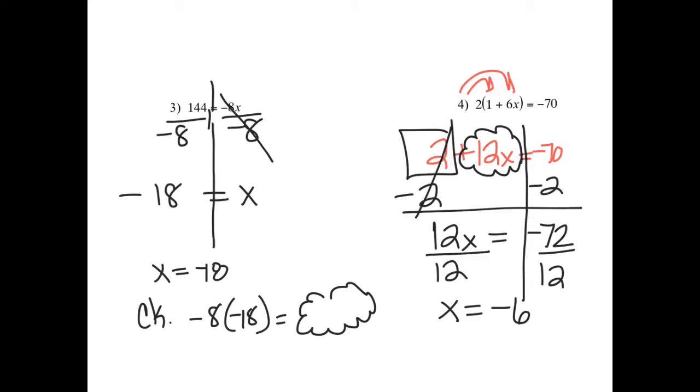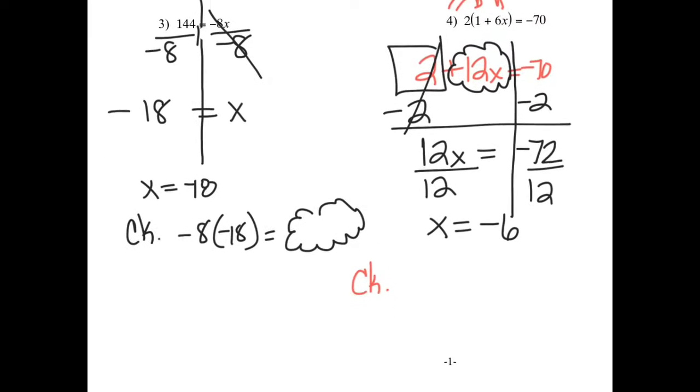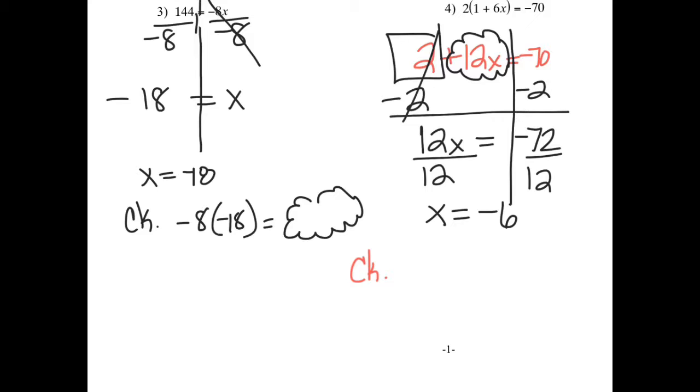We are going to do the check on this one just because I want you to see how it works out. So for the check, I'm going to take negative 6 and plug that into my original equation. 2 times the quantity 1 plus 6x equals negative 70.